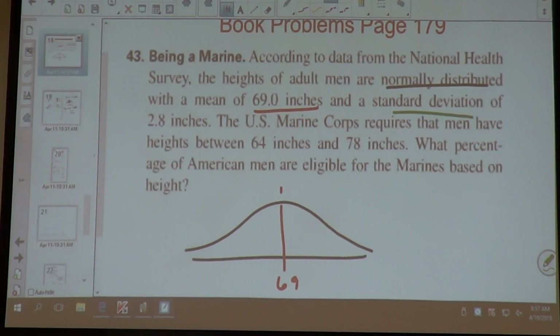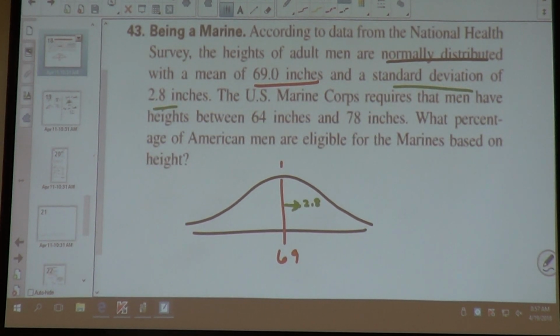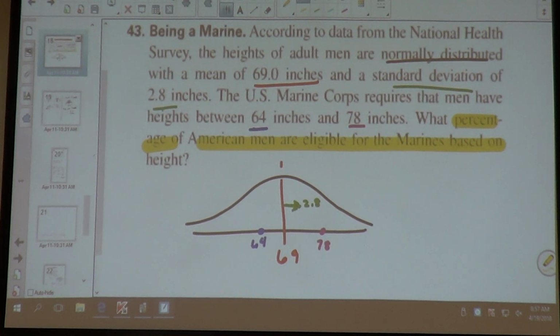The standard deviation is 2.8. This time we have 2 data points. We have 64, which is to the left, and we have 78, which is to the right. And it says that we want to know what percent is between, or what percent can go to the Marines.